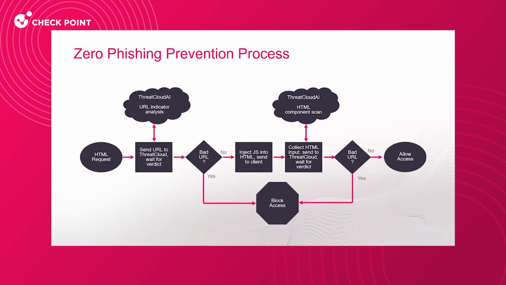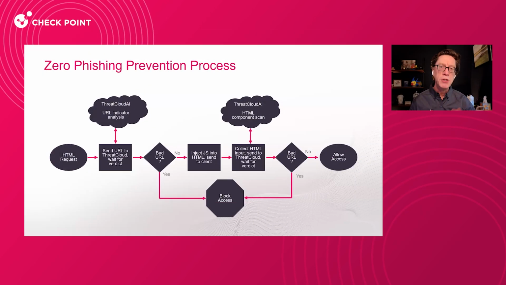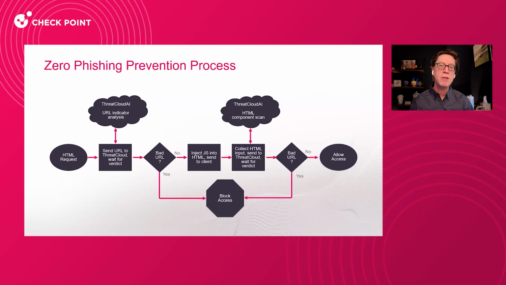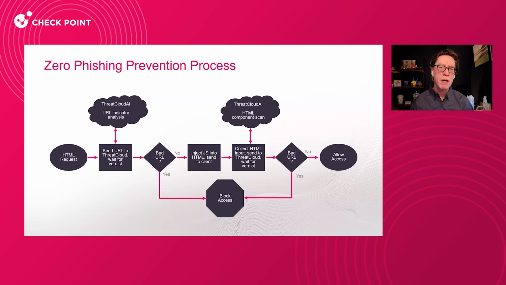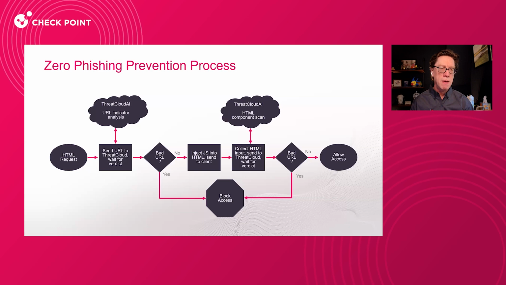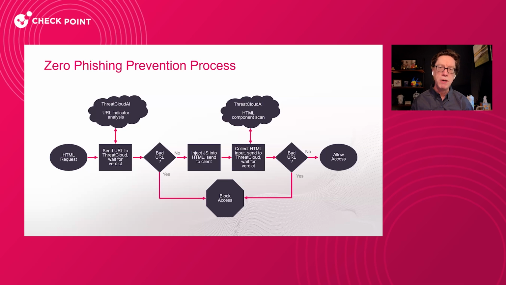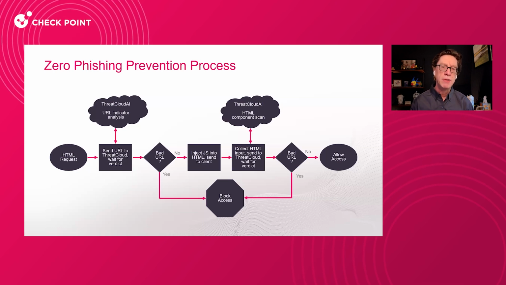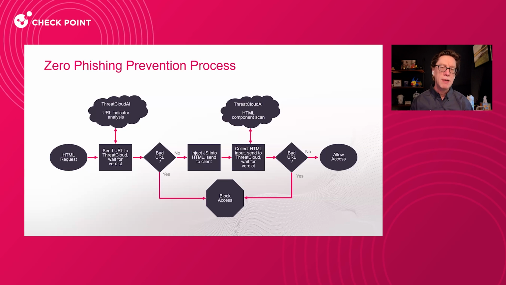We inject some JavaScript into the client's HTML, check the input there, and send that to Threat Cloud. And our AI will look at various features of the data that we get back. If the verdict comes back that it's still bad, we'll block the access to that URL. But if it's fine, we'll allow access. So that's a two-level process.